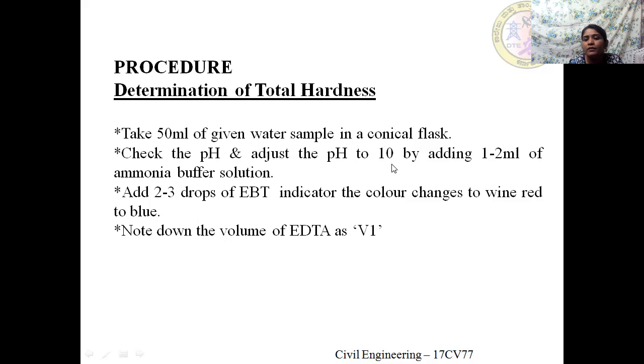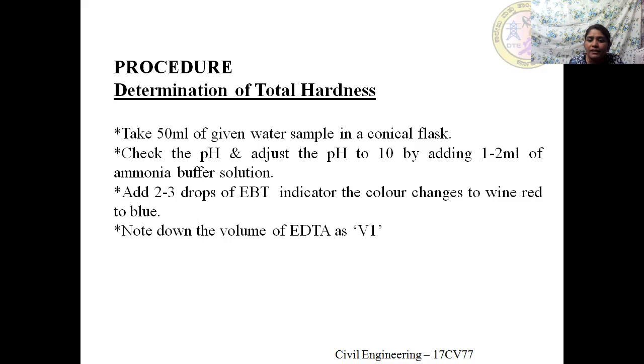The most important step is to check its pH. So we are going to determine the pH using a pH meter. When we use a pH meter, the pH meter needs to be calibrated. Once the instrument is calibrated, we determine the pH of the given water sample. One of the most important steps is that we have to adjust the pH to 10, because we said EDTA reacts at alkaline conditions.